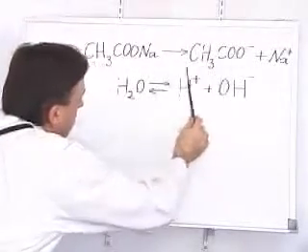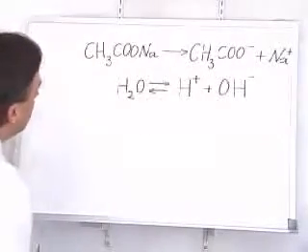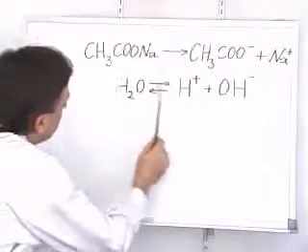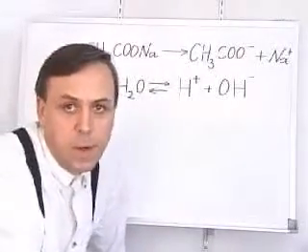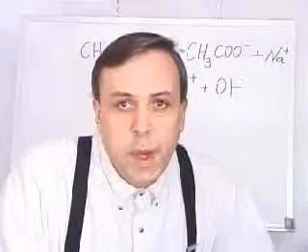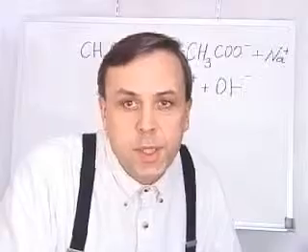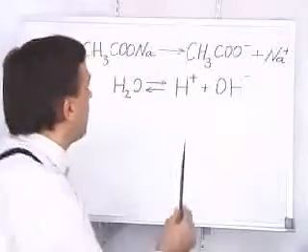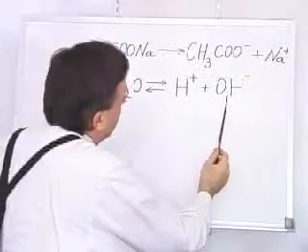However, this process takes place in an environment where there's also this equilibrium, the process of ionization of water. According to these equations, there must be a coexistence as separate species of 4 different ions, the acetate, sodium, proton, and the hydroxide ion.